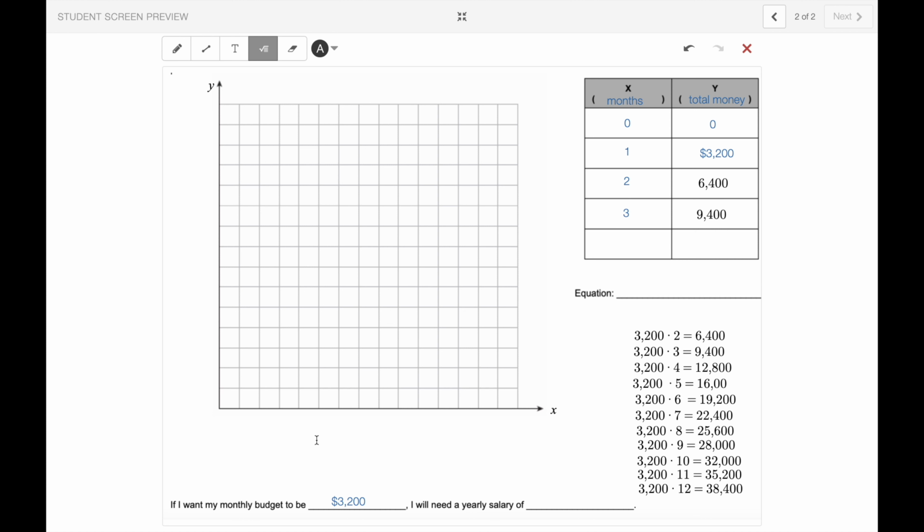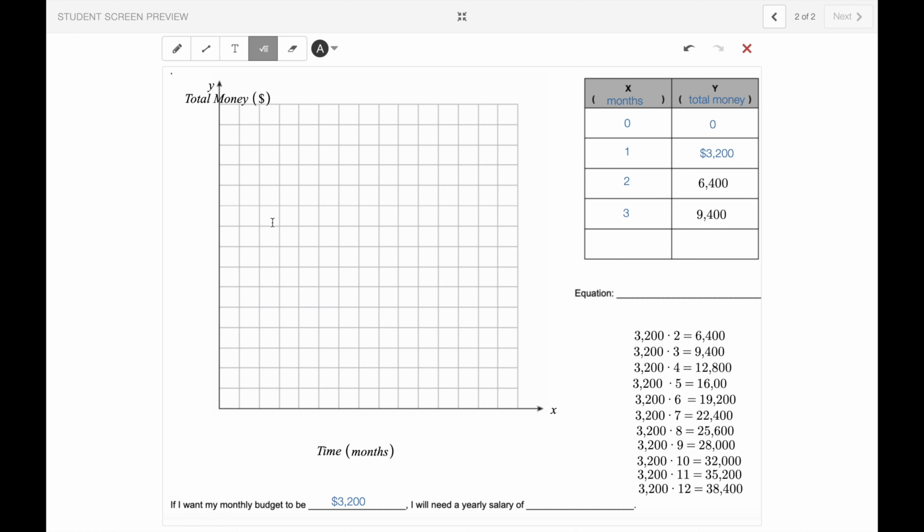Since this is the x-axis, I know I am talking about time in months for this one. And for the y-axis, I'm talking about total money in dollars. I can't really rotate it, so I'll leave it up here.